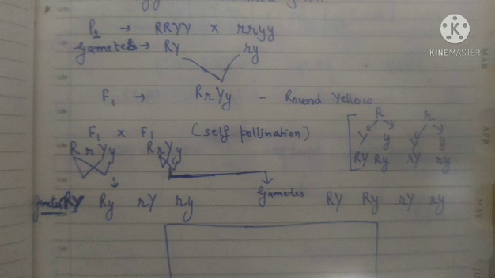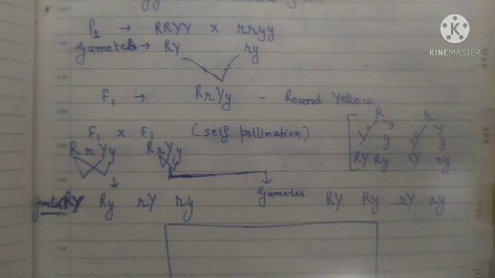First take capital R and combine it with capital Y one time and with small y another time, so you get the gametes capital R capital Y and capital R small y. Similarly for small r, combining with capital Y and small y, you get small r capital Y and small r small y. This is how the gametes are formed.